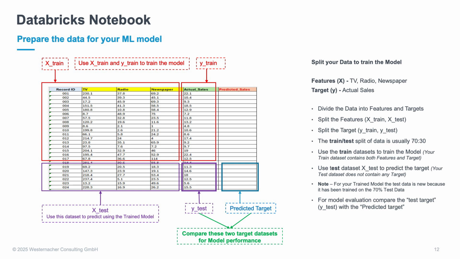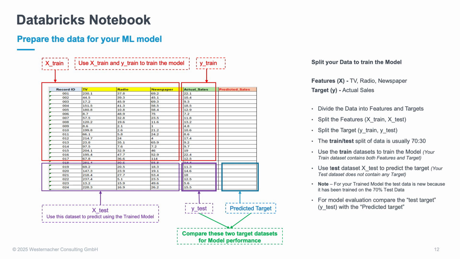Use the train data set to train the model. So you are going to use the 70% data, X_train and Y_train, to train the model. Your train data set contains both features and targets. Just for ease, I've mentioned it over here.